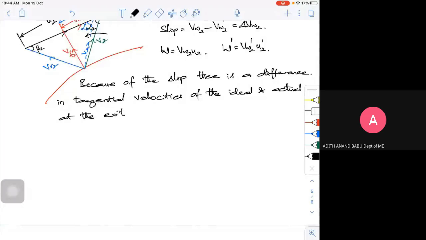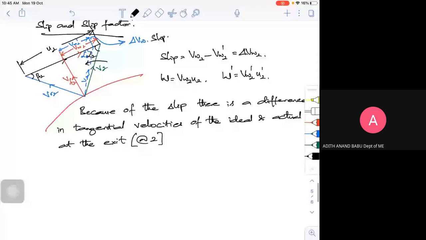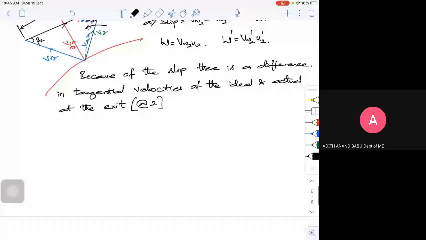I will call that delta VW2 or whatever it may be. So this is called slip. Then there is something called slip factor. That means the ratio of the actual whirl velocity to the ideal whirl velocity gives what is called the slip factor. So this is your slip, and we have another thing called slip factor.